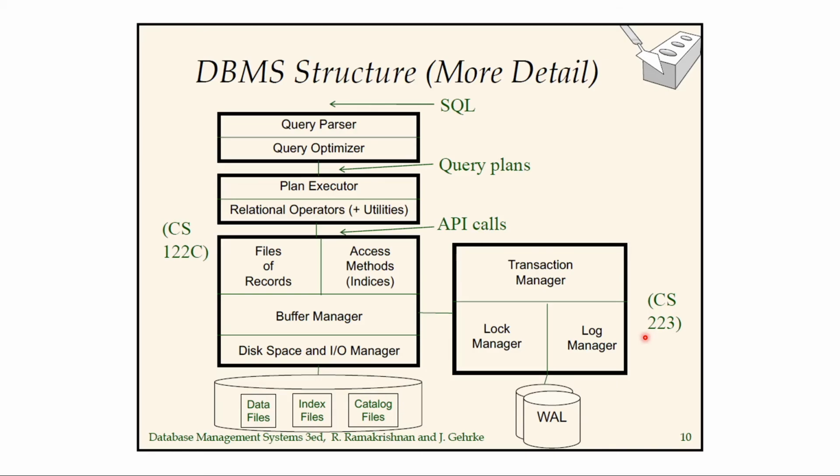Well, the log manager takes care of this issue. When a user issues a write operation to the DBMS, the log manager creates a log of that transaction before the DBMS fulfills the request. This technique is called write-ahead log, or WAL.